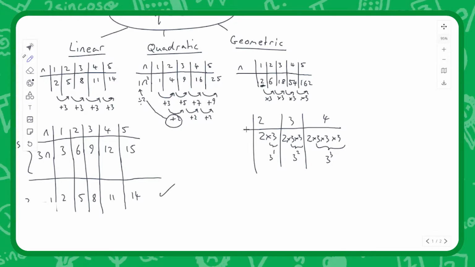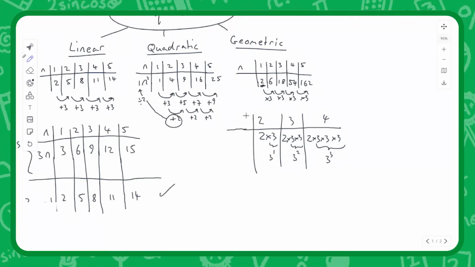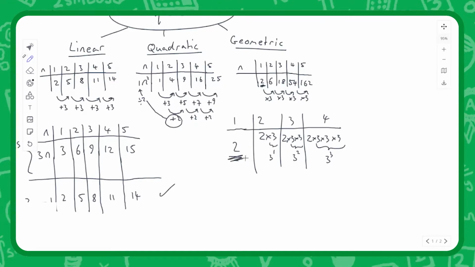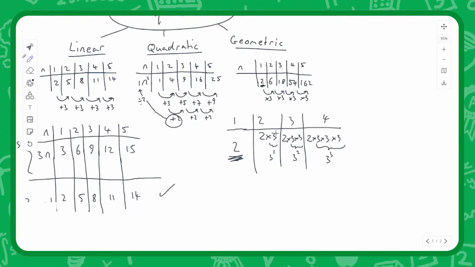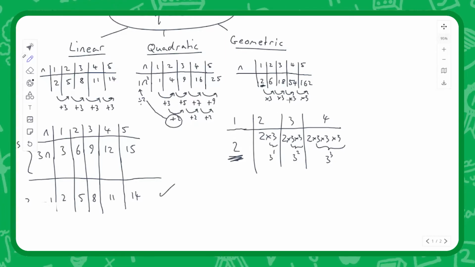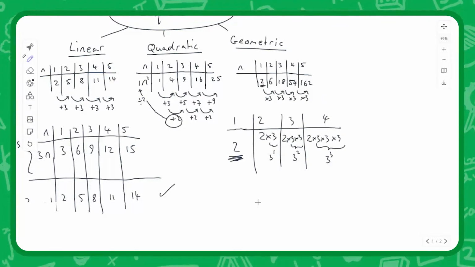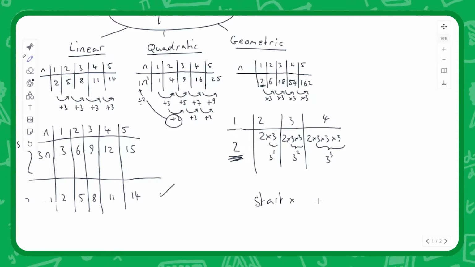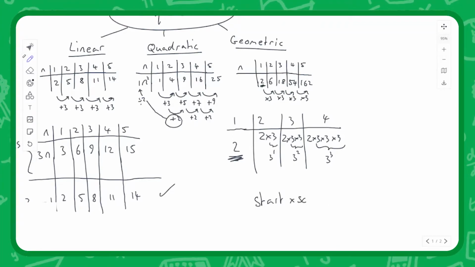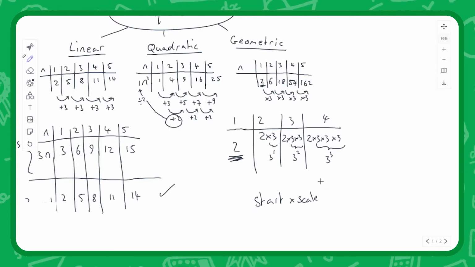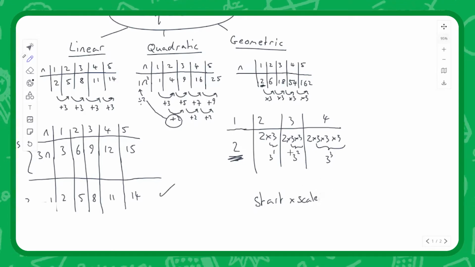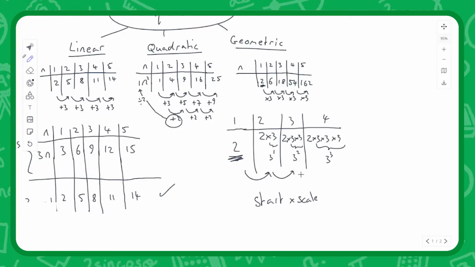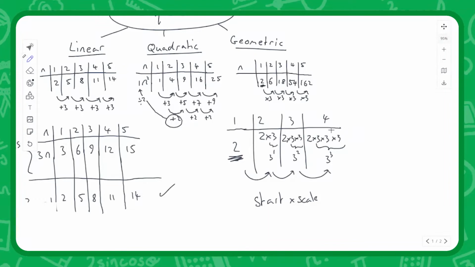And so whenever I want to work out the next term in my sequence, however many jumps ahead I want to go, I take my starting number and I times it by the scale factor, which in this case is 3. I put that scale factor to the power of however many jumps I need to make to get to that term that I'm interested in working out.